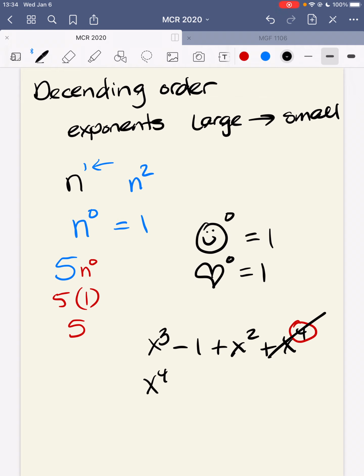Now there's nothing in front of this, so we assume this x to the 3rd is positive, which means we need to put a plus here and x to the 3rd. And I'm going to cross that out. Looking, I have an x squared, or x to the 2nd power. It also has a plus in front of it, so plus x squared. Crossing that out, all that's left is my 1, and it's a negative. It's a minus 1, so minus 1. So this is a polynomial of degree 4 in descending order.